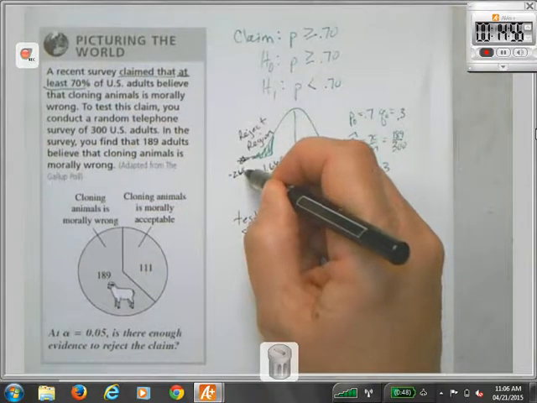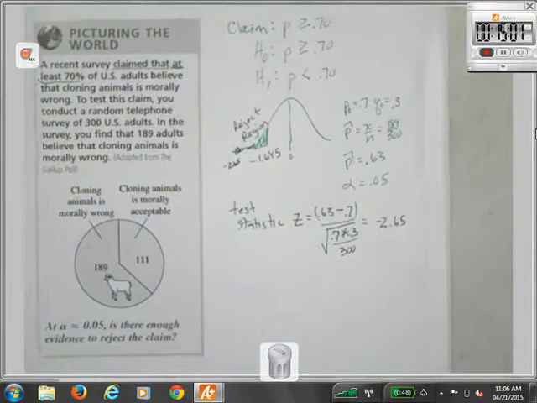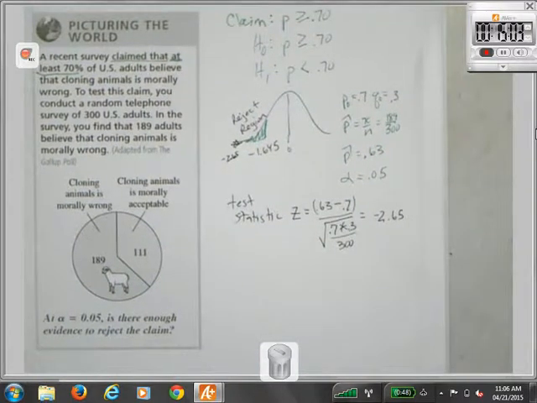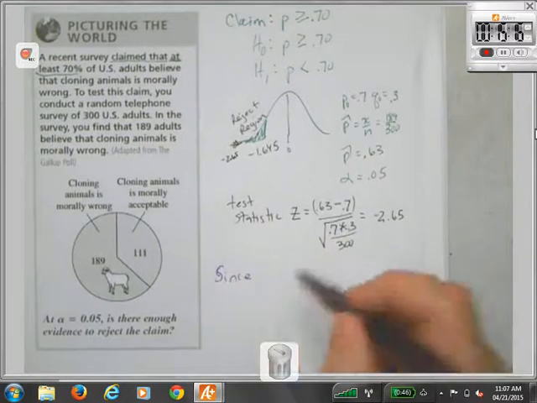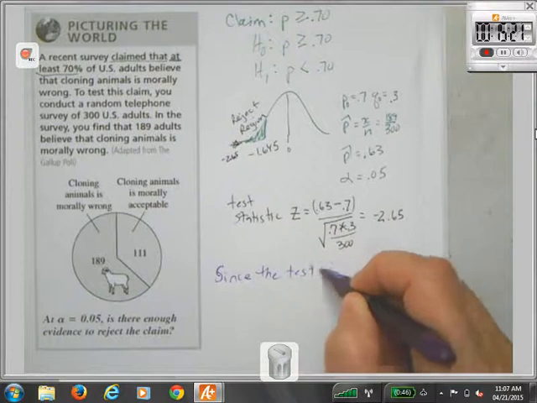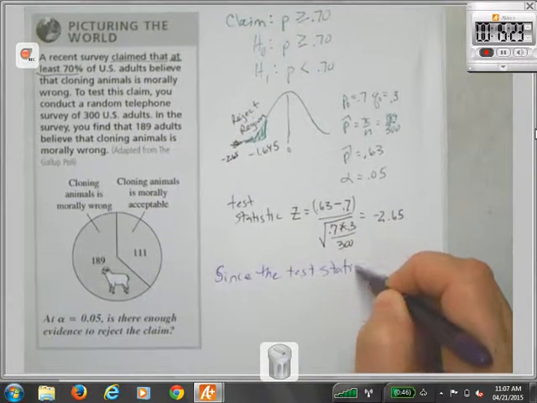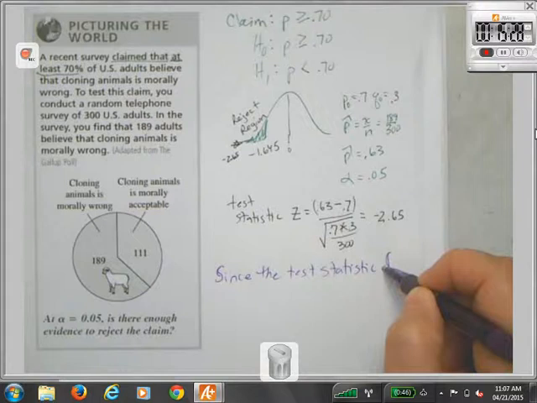So now we know that we are rejecting the null hypothesis, since the test statistic falls in the reject region.